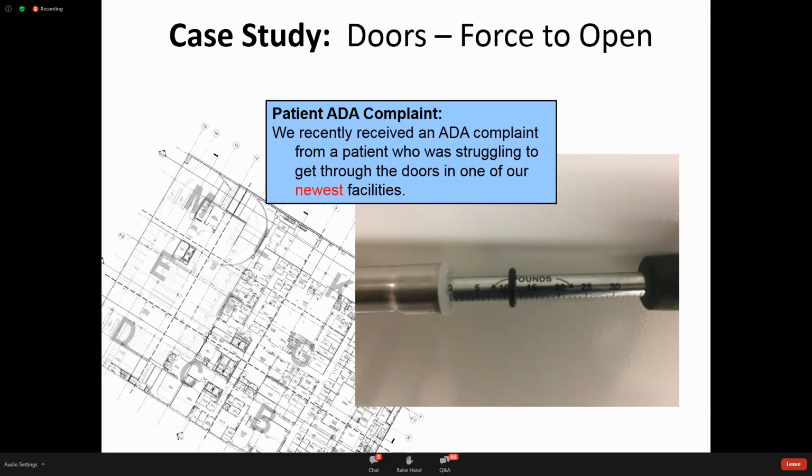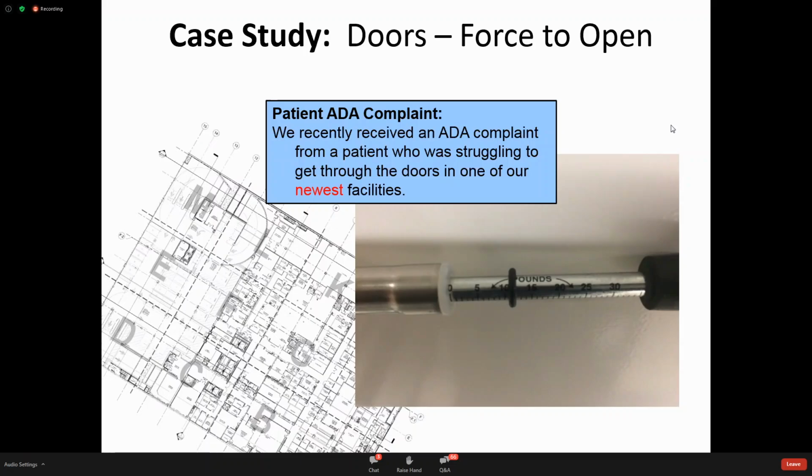And within a few months of opening it, we have an ADA complaint about the force to open doors. And you can imagine, as I've talked to our people about this, how management wanted to know, how can we have possibly ended up here where we have spent hundreds of millions of dollars on a brand new facility, built to code, checked by OSHPD, and when we're finished, you're telling me it's not ADA compliant? How could that possibly be?